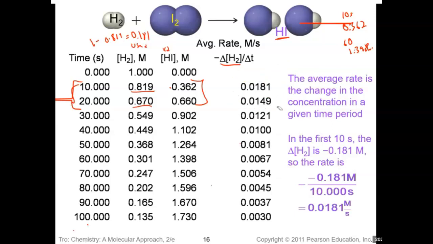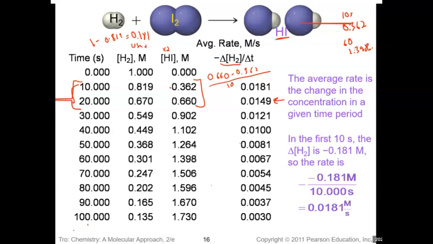Okay, so let's look at how we got, and we're going to do this in a second. How did we get, let's look at this exact same one right here, but with respect to HI. Remember, the rate should be the exact same. So if we look at HI, and again, we'll look at the same thing here, 0.660 minus 0.362 over 10.